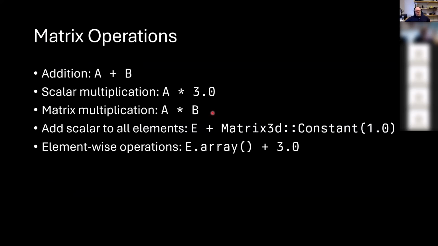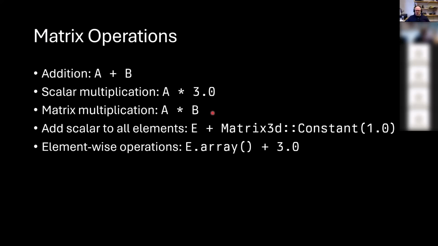You can do matrix operations on your matrices. If you use A plus B, that is a matrix addition. If you do matrix times a scalar value, that will be broadcast to all the elements in A. Matrix multiplication is the normal multiplication operator.